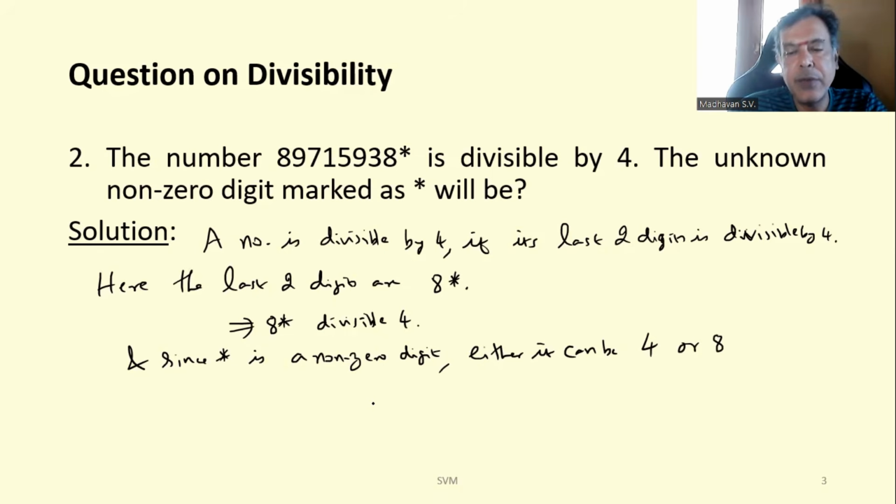So star can be either 4 or 8. So that is the solution for this. Let us move on to the next.